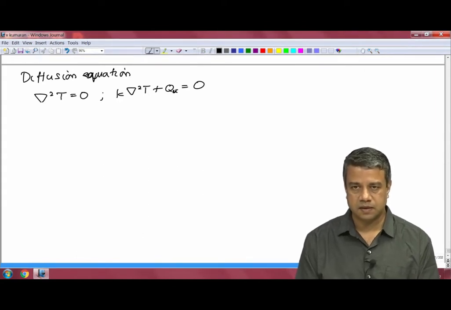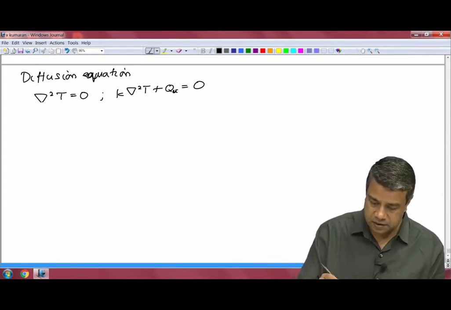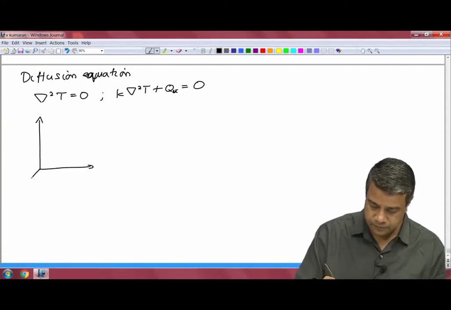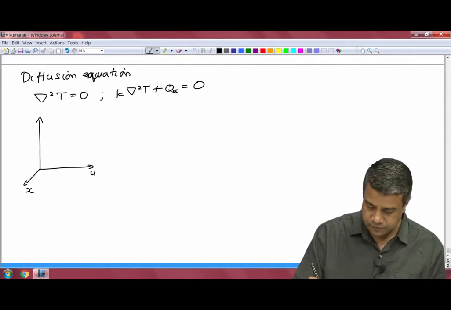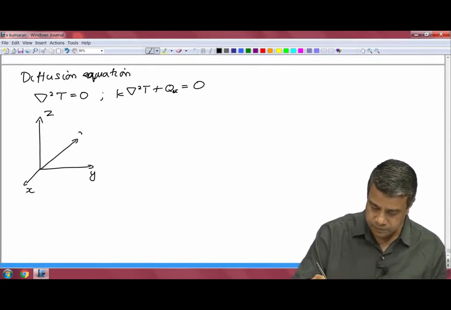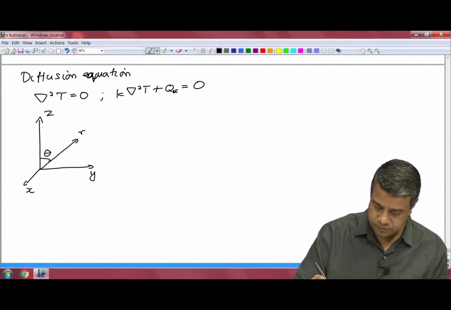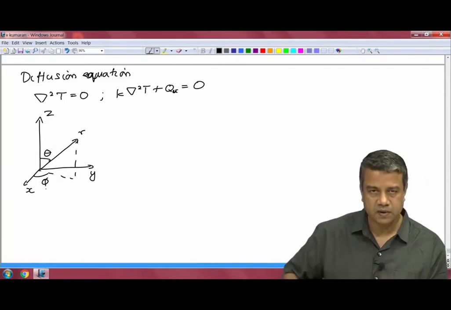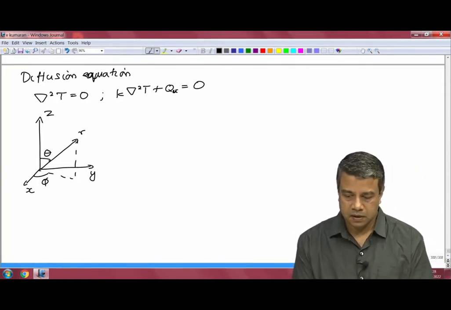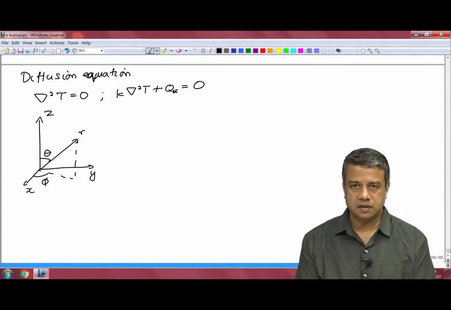In that limit we had solved it in a spherical coordinate system, using two approaches. One was a separation of variables solution.